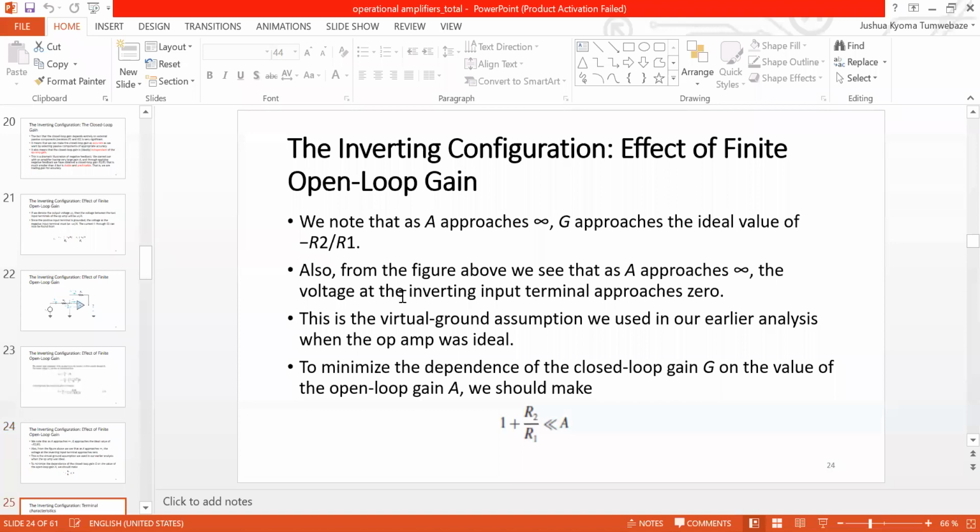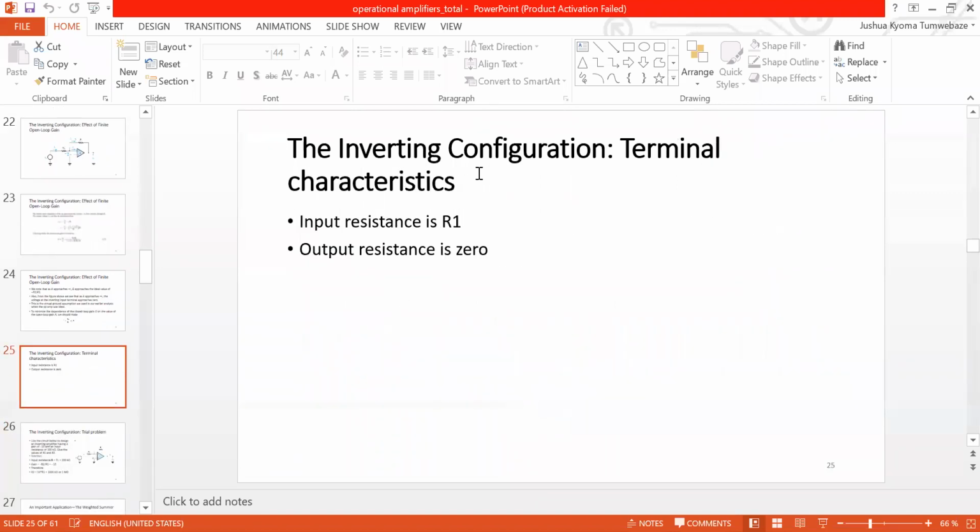So moving on, what are some of the other characteristics? You may also want to note that for the inverting configuration, which we have shown, the input resistance is R1, the resistance that is connected to your source, to the source VI.